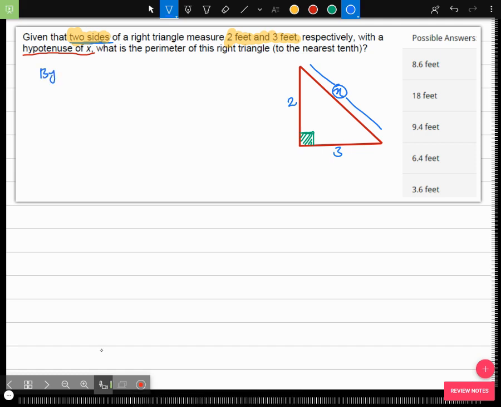So by Pythagoras theorem, side square plus side square equals hypotenuse square. Let me plug in these values.